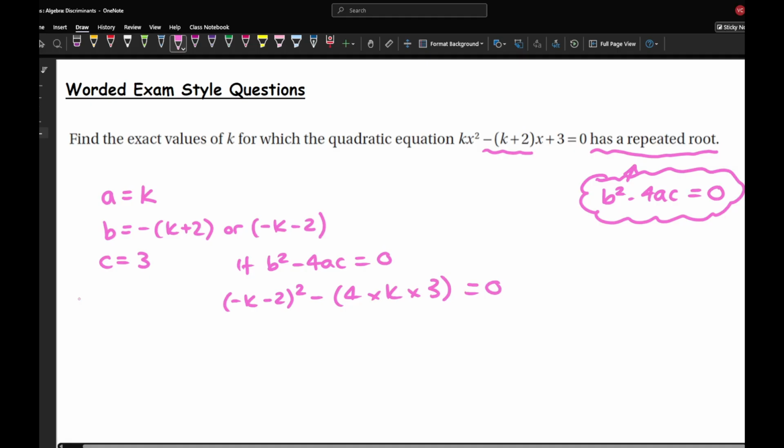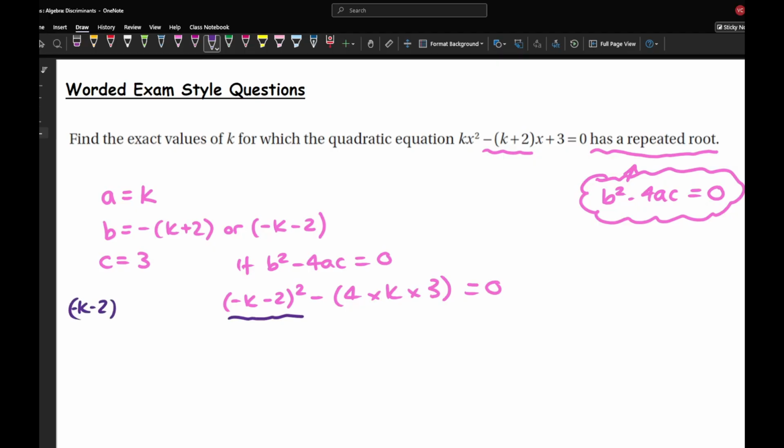So what's left for me to then do is recognize that this is (k plus 2) squared, and again using whichever method of factorizing or expanding the brackets you use, this is going to give me k squared plus 4k plus 4.